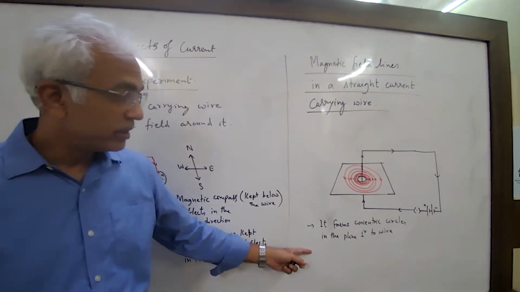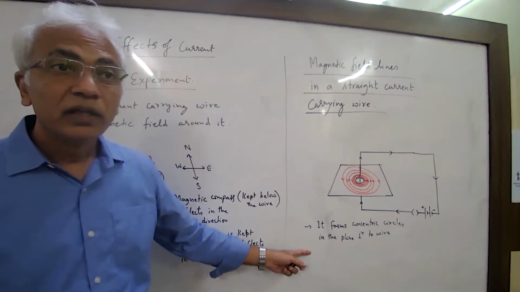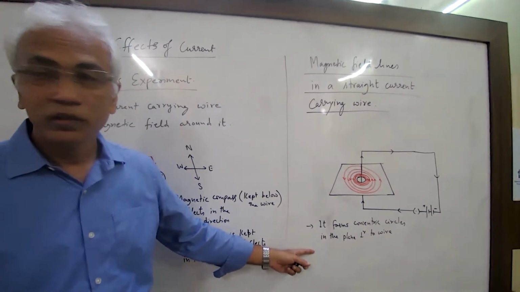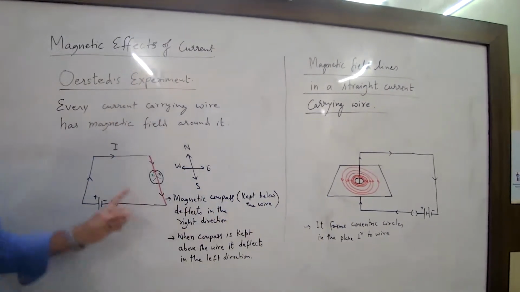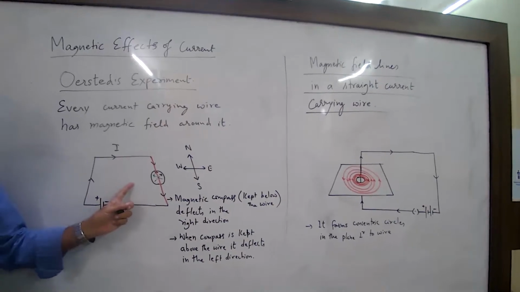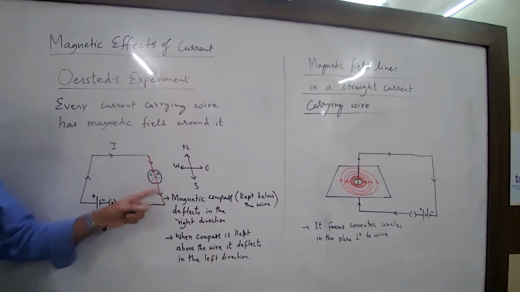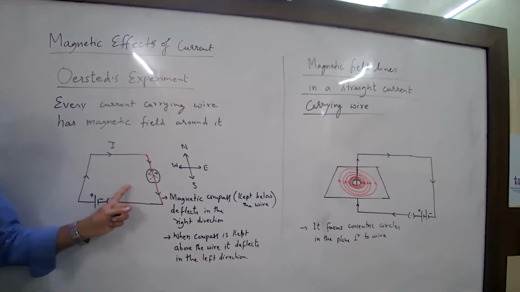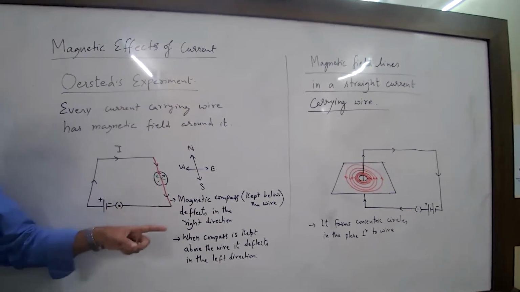It forms concentric circles in the plane perpendicular to the wire. This is important. If you know this, then you can explain why the compass is deflecting below the wire on the right side and above the wire on the left side. Perpendicular to the wire.